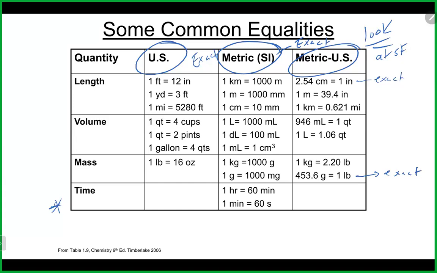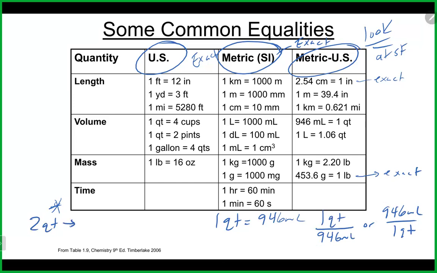But if you have anything else, for example, if you had 1 quart is equal to 946 milliliters. Here, if we were going to use this as a conversion factor, we would have 1 quart over 946 milliliters, or 946 milliliters over 1 quart. So if I was doing a conversion where I had 2 quarts and I want to know how many milliliters that was, actually I'll do 2.0 quarts.